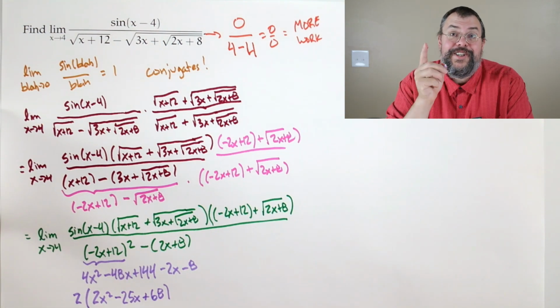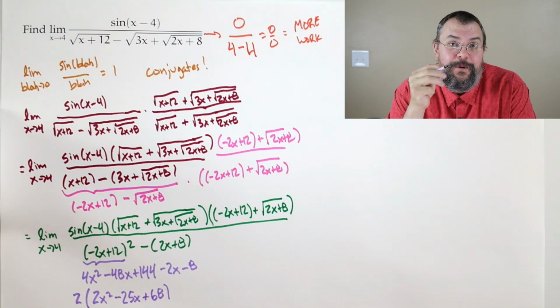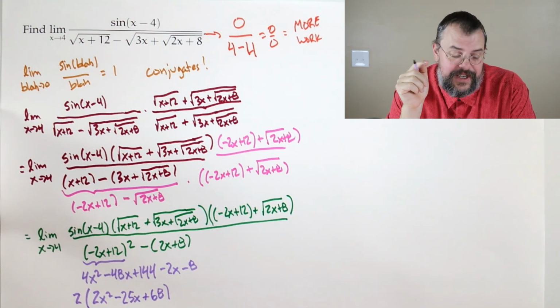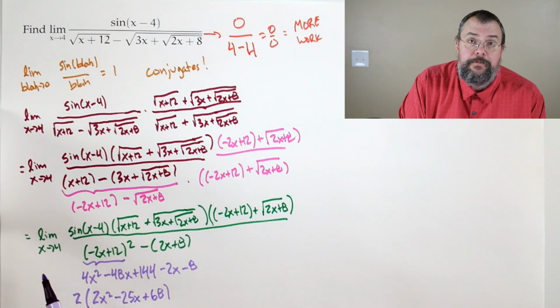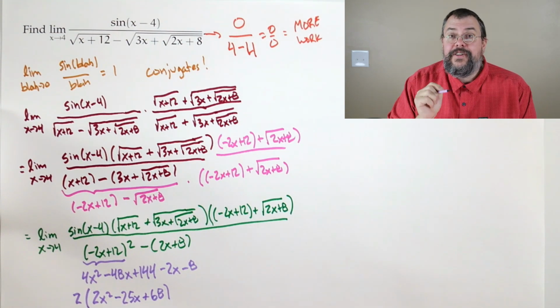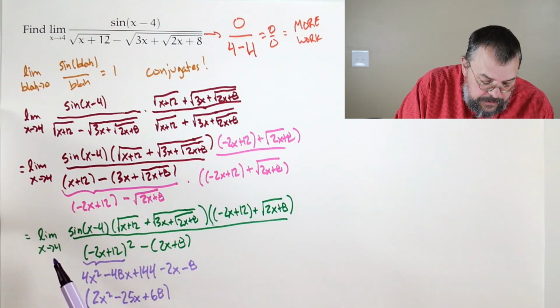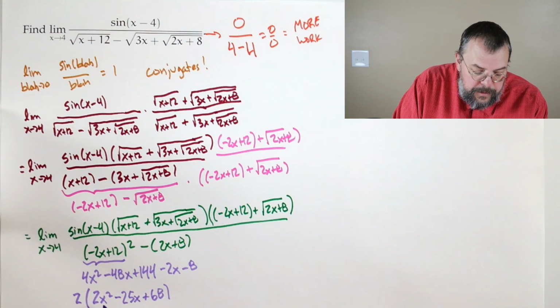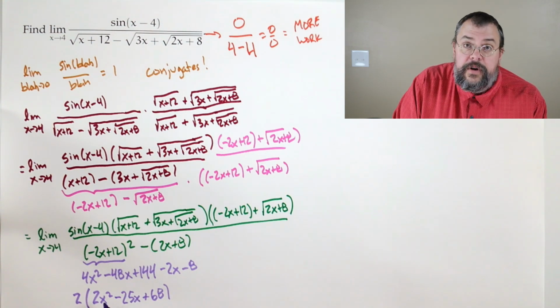Now, actually, let's do a quick check. How can we see if what we did is right? We know we haven't canceled our 0 yet, and we know there was a 0 downstairs. So if you plug in 4, we should get 0 again. So let's just quickly do that computation. 2 times 4 squared. Well, 4 squared is 16.